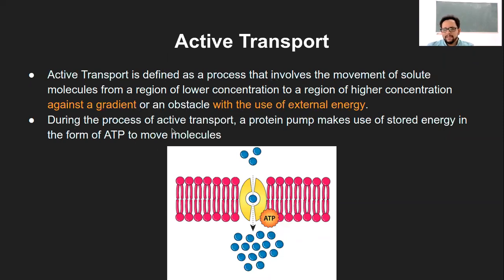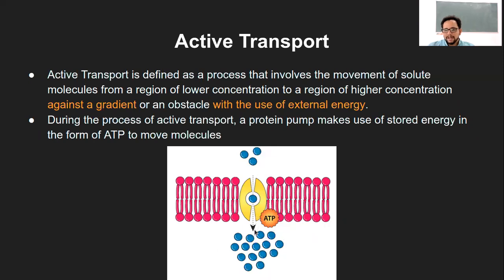During the process of active transport, a protein pump makes use of the stored energy in the form of ATP to move molecules. Let's say this was the lower concentration and this was the higher concentration, and these molecules from the upper side have to be moved towards the downside.